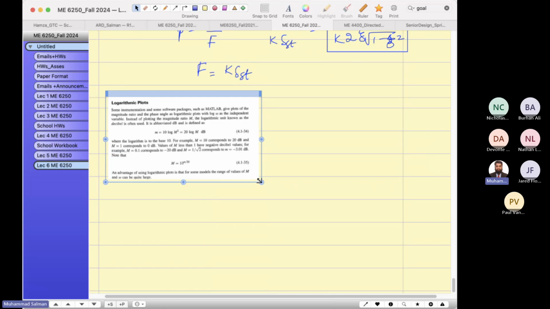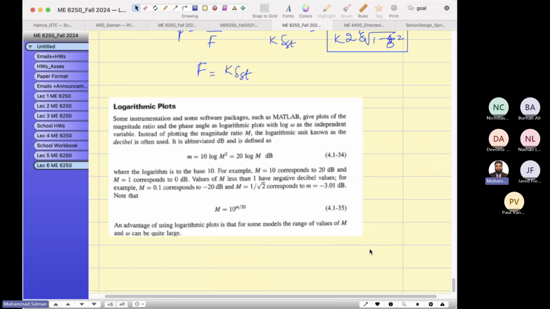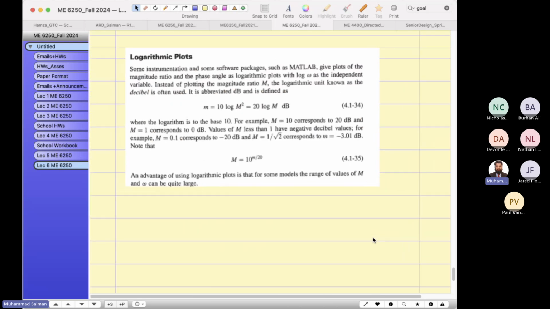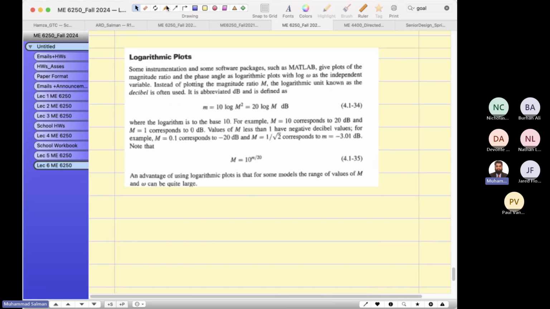The next section is about the dB value, how to find out the dB value of the output response. So the basics is this one.